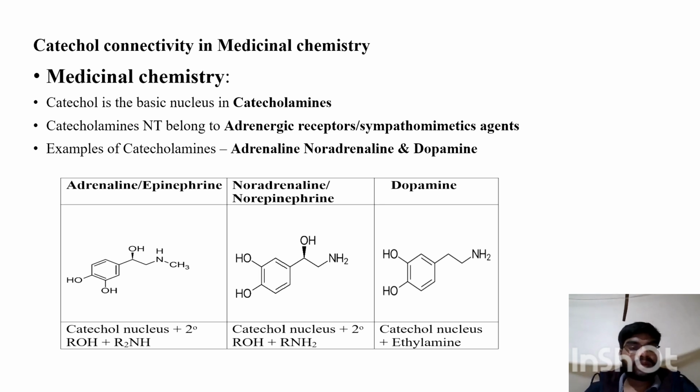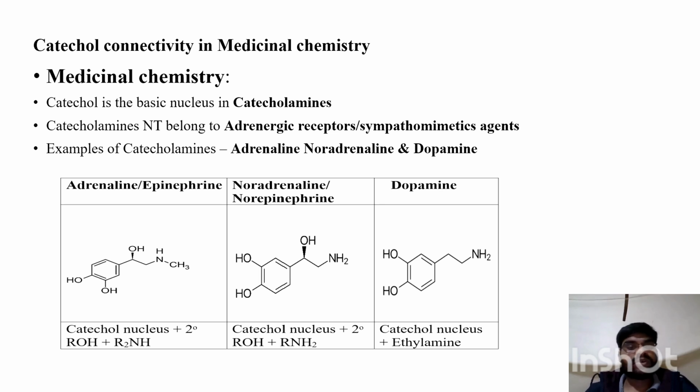In adrenaline, this is the benzene ring, and these are the two OH groups: first position having an OH group, second position having another OH group. This is third, fourth, and this is fifth. This is the secondary alcoholic OH group on the ethyl side chain, along with a secondary amine with a terminal methyl group.